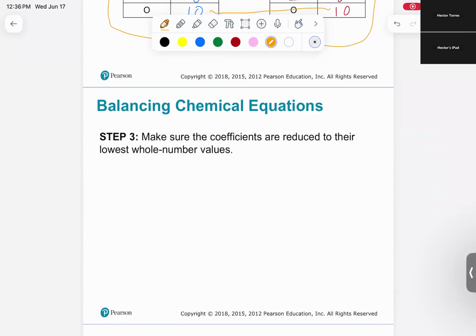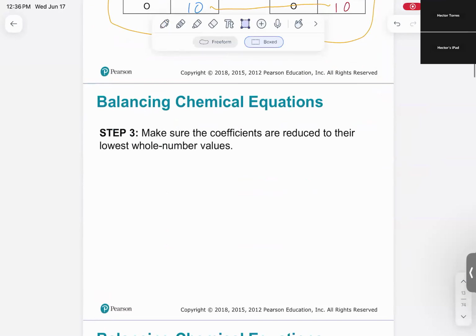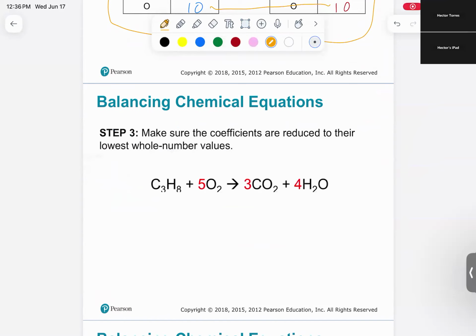Okay, and then step 3 is make sure the coefficients are reduced to their lowest whole number values. So let's use this one that we just did as an example. Okay, so let me copy and paste it. There we go. Okay, so let's say on this one, I decided to go crazy and I did 3 here, plus I did 15O2, and I did 9CO3, and I did 12H2O.